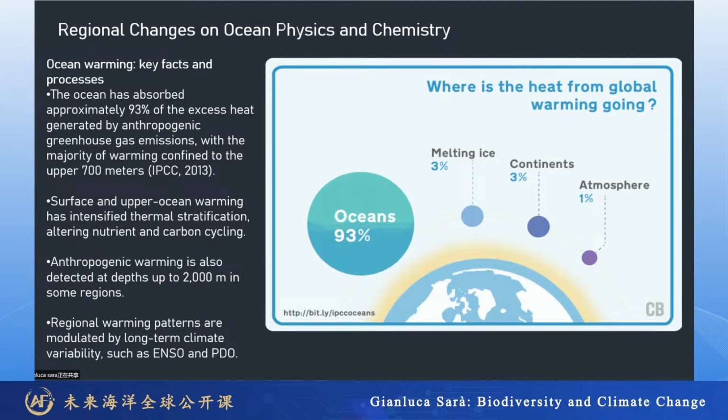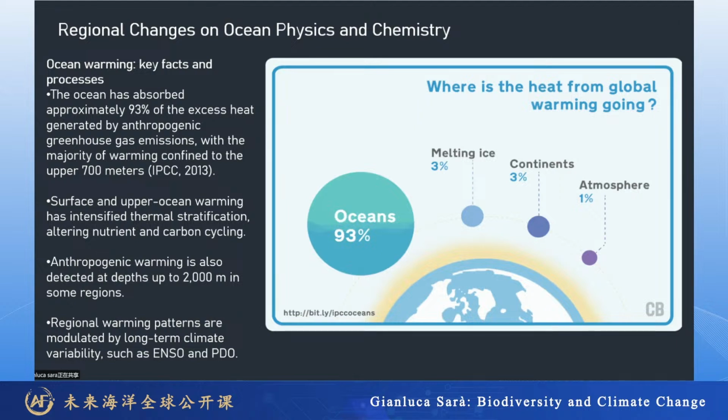But this energy contained in the water masses is able to modify and change the dynamics of the relationship between water and air, and then we have different repercussions in terms of marine heat waves or cyclones, storms, and so on.